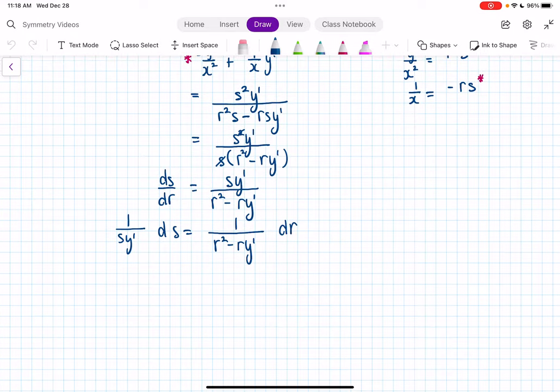I'm going to focus on the right-hand side for now. So I'm putting this as an aside, or I'm just going to separate it. So when we integrate, we get that. Okay, then we're going to do the other side.